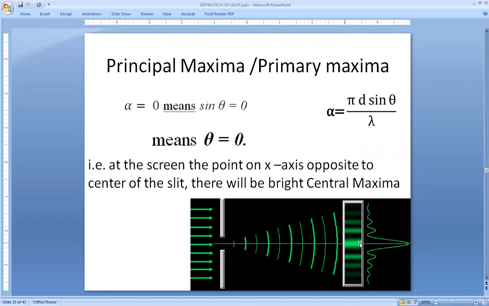You look at the central maxima: one bright maxima above, the same intensity bright maxima below. You got another secondary maxima here, another identical symmetric secondary maxima here. So the pattern is entirely symmetric about the center, that is alpha equal to 0, right? So this describes how the pattern will be.